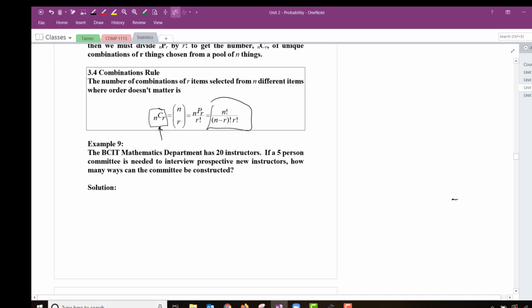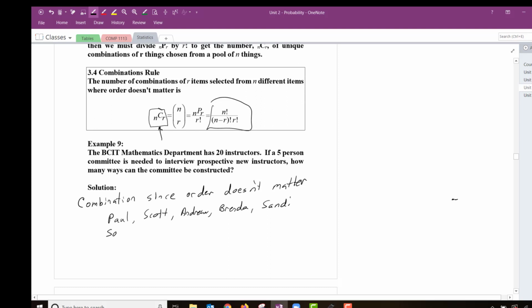So this is combinations. Paul, Scott, Andrew, Brenda, and Sandy.